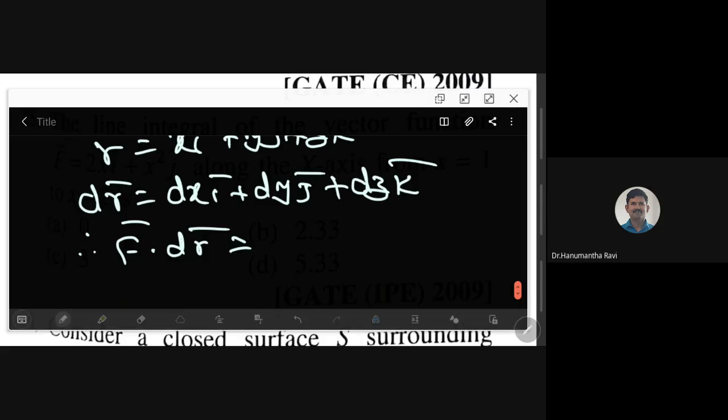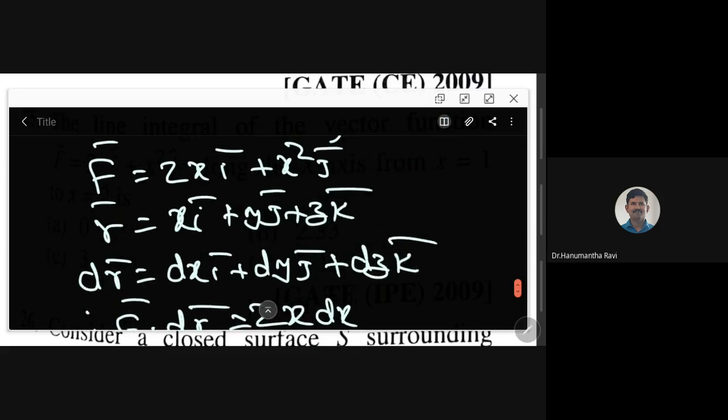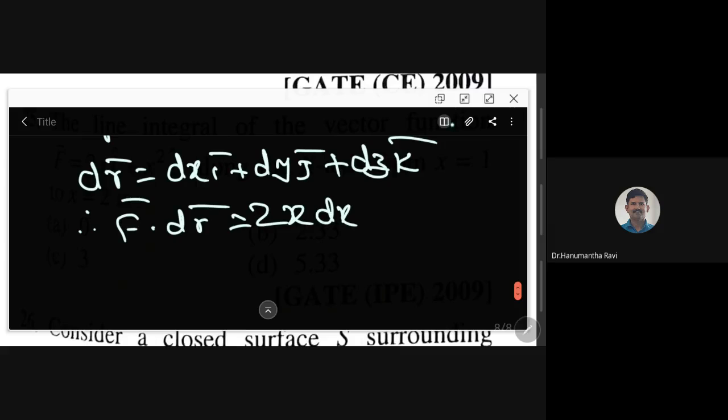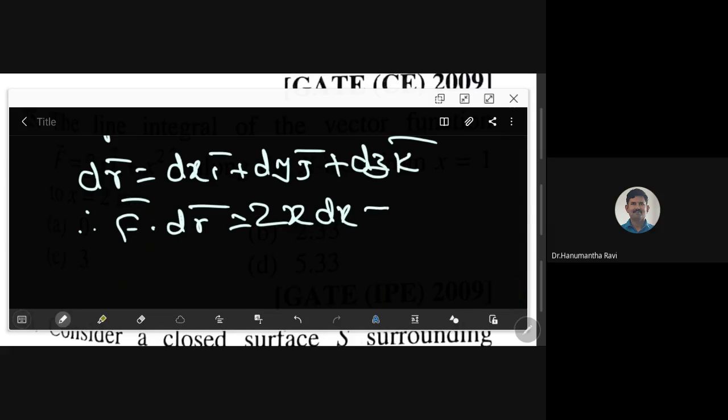dx, 2x dx. Then the j bar component is x square, so plus x square dy, and the k bar component is anyway 0 in f bar, so 0 into dz is 0.